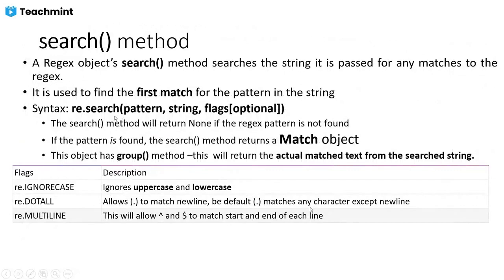The other way is that we can call the search function on the pattern object, or we can pass parameters to the search function directly. It takes three parameters. The last parameter is optional. The first parameter is the pattern, the second is the input string, and the third is the optional flag.